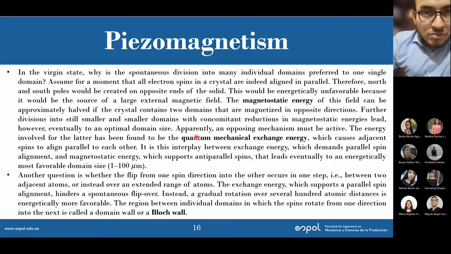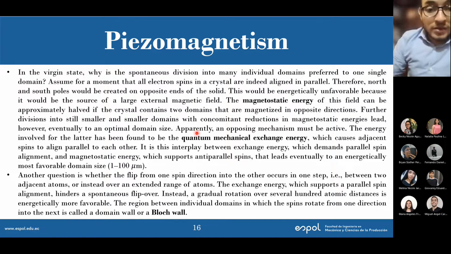That energy leads to the fact that some adjacent spins will align parallel to each other. So I have the magnetostatic energy saying, oh no, it's unfavorable, please don't align with each other. And I have the quantum mechanical energy saying, you guys have to do it.